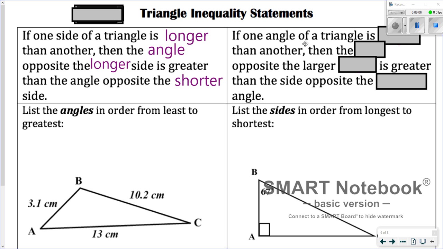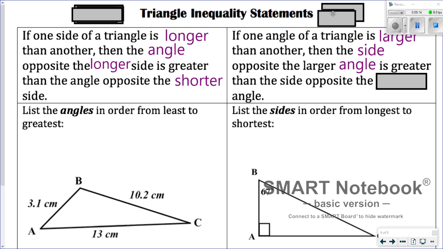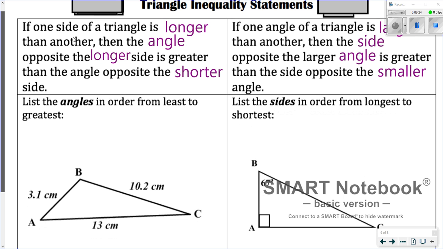And then they said if one angle of a triangle is larger than another, then the side opposite the larger angle is greater than the side opposite the smaller angle. What does that mean? So let's do the first one, talking about the triangle. If one side of the triangle is longer than another, then the angle opposite the longer side is greater than the angle opposite the shorter side.